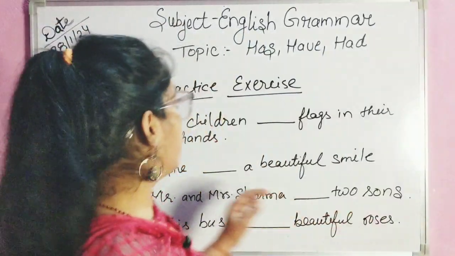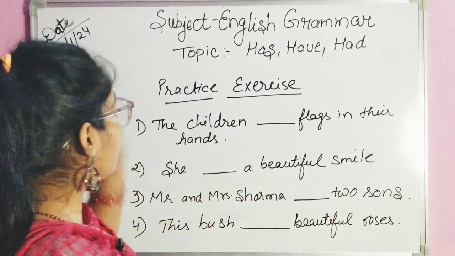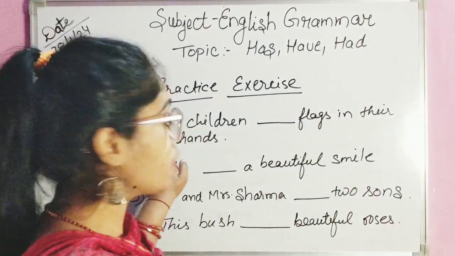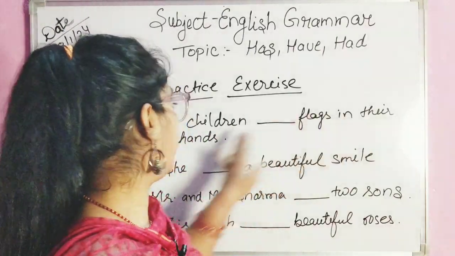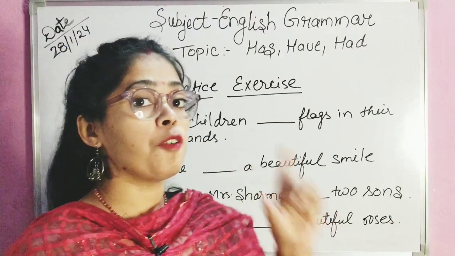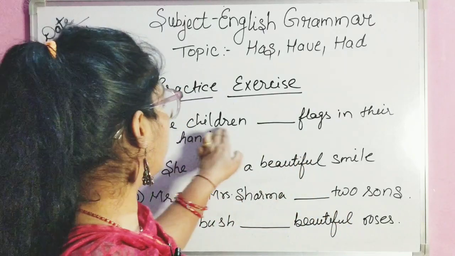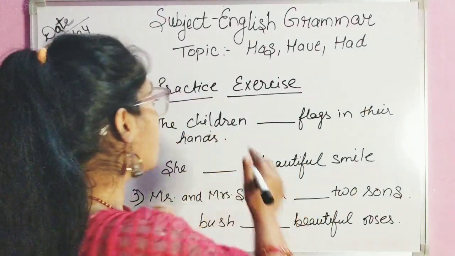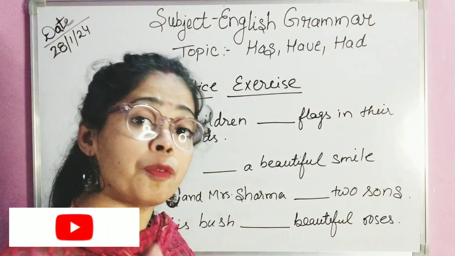Okay, students. Now we will do some practice exercises. So you can see here the first question. The first question is, the children dash flags in their hands. Okay, remember it. Always see whether the noun is singular or plural. Okay, you can see here children, that is more than one child, more than one children.